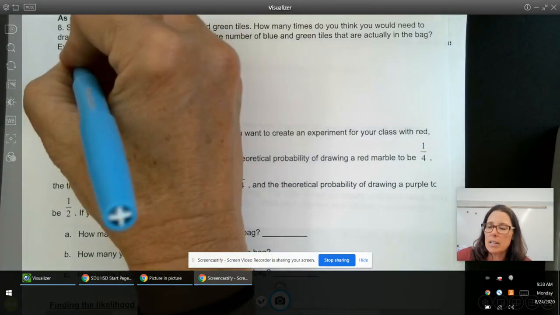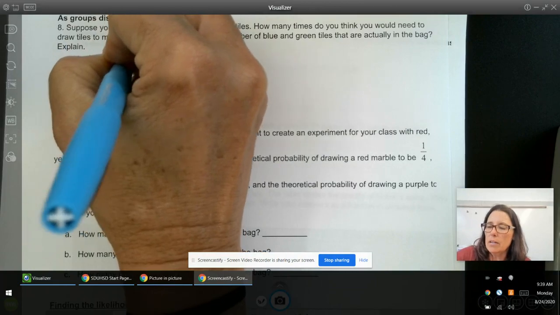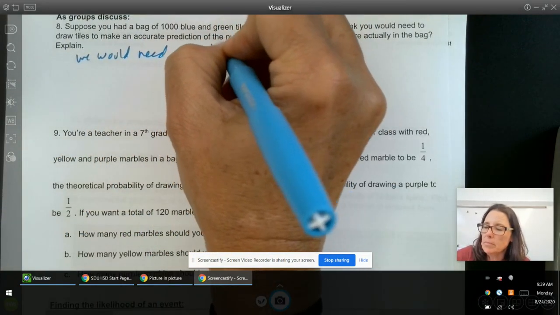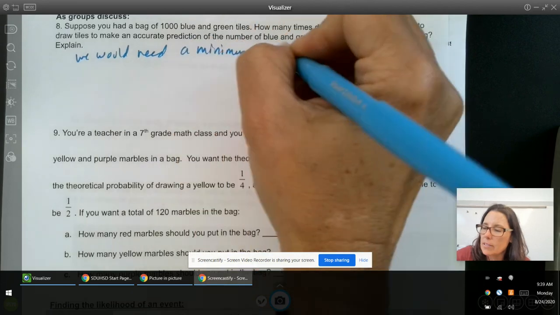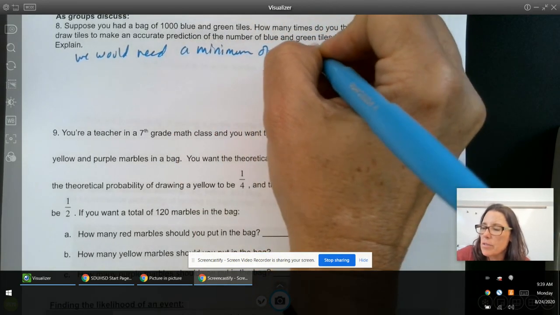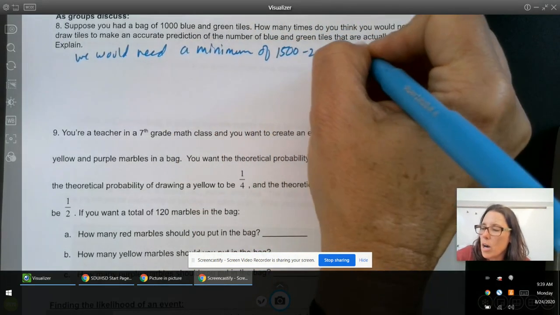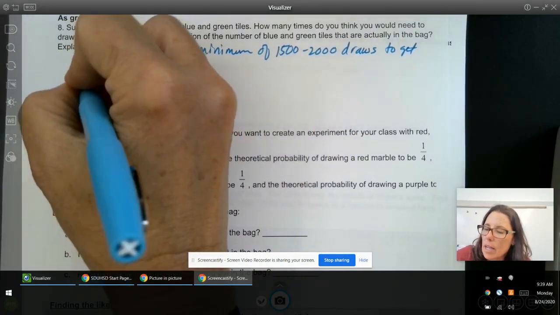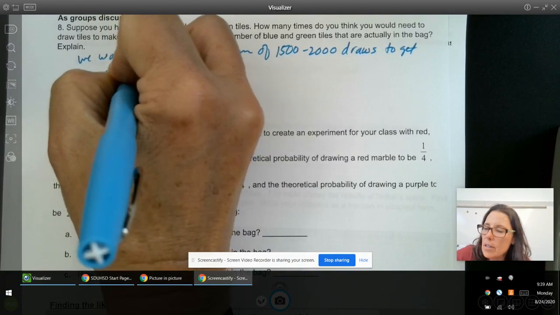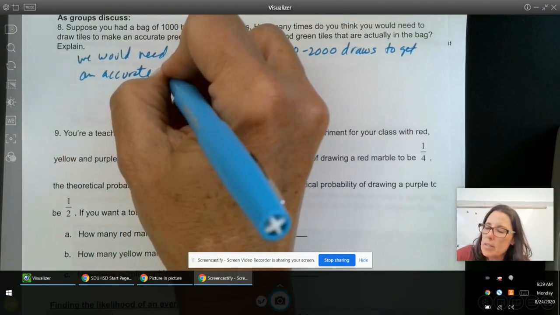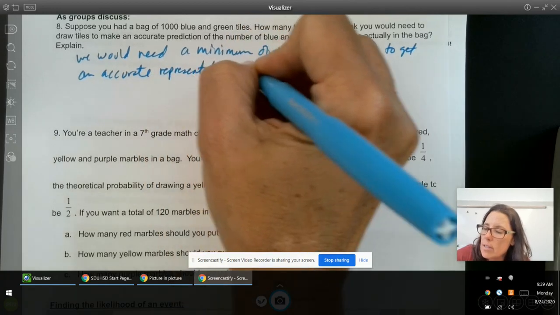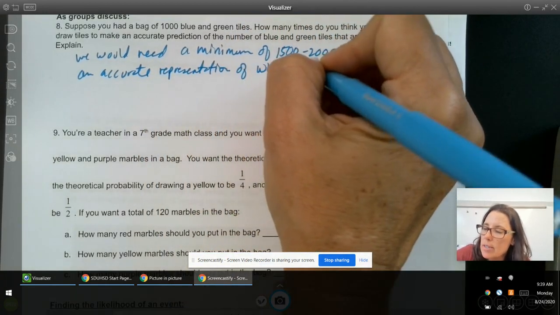We would need a minimum of 1,500 to 2,000 draws to get an accurate representation of what actually is in the bag.